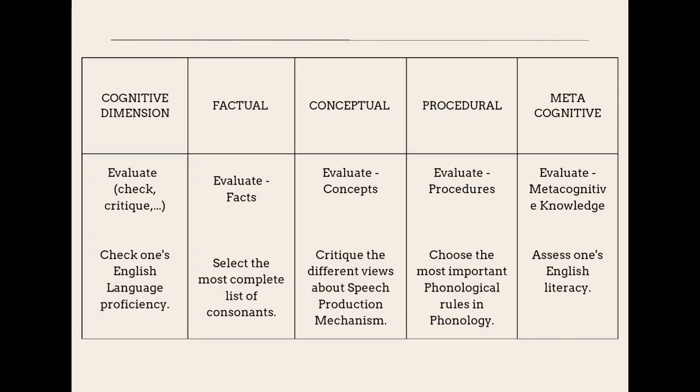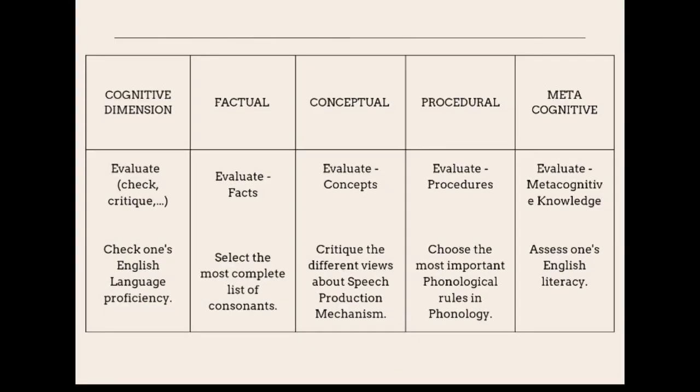The next high level under the cognitive dimension is evaluate, which is all about assessing, debating, defend, dispute, judge, appraise, check, decide, justify, and rate. So for my learning objectives, since our topic is all about phonetics and phonology, the students should be proficient in the English language.